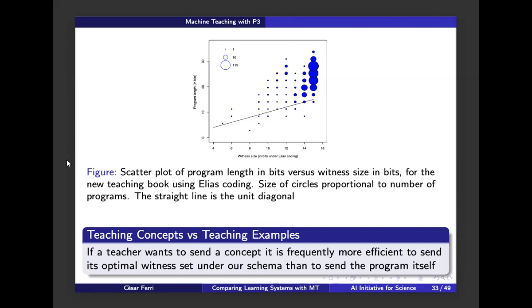So if we compare the number of bytes of witness sets with respect to the program length, we see that there are many cases in which it's cheaper to send the witness set instead of the program.